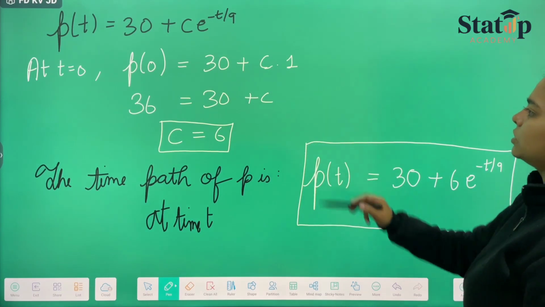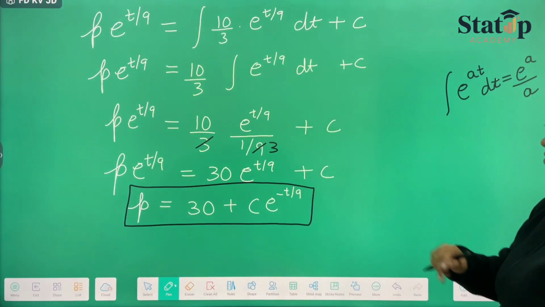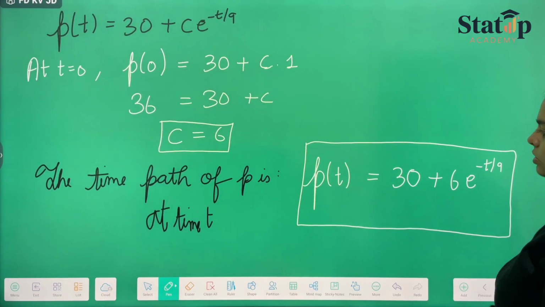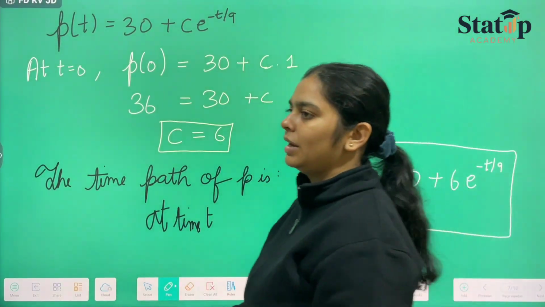Just putting the value of c from this equation. This is the time path of our p at time t.